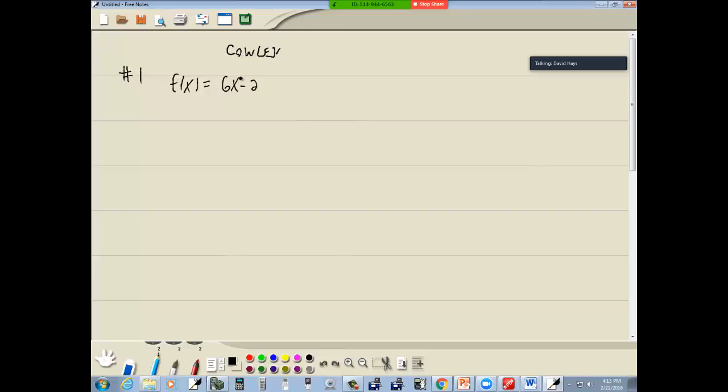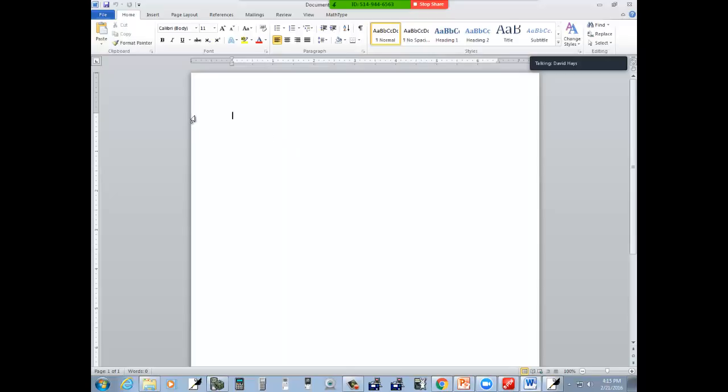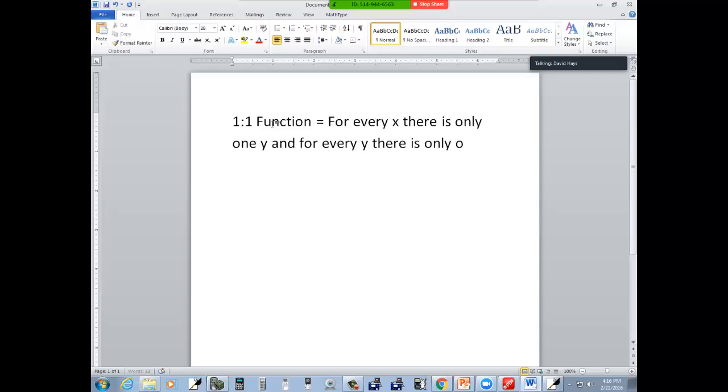Now our official definition of a one-to-one function, this is just going to be a shortened version of it, but it says for a one-to-one function, for every x there is only one y, and for every y there is only one x.